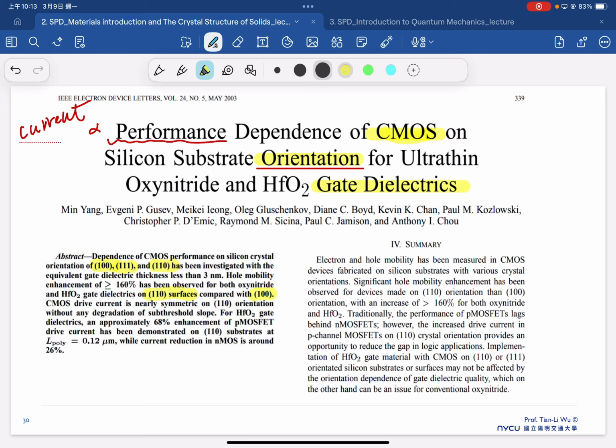So that's why we have to use the Miller index. This gives us an indication of what kind of surface 110 is compared to 100.